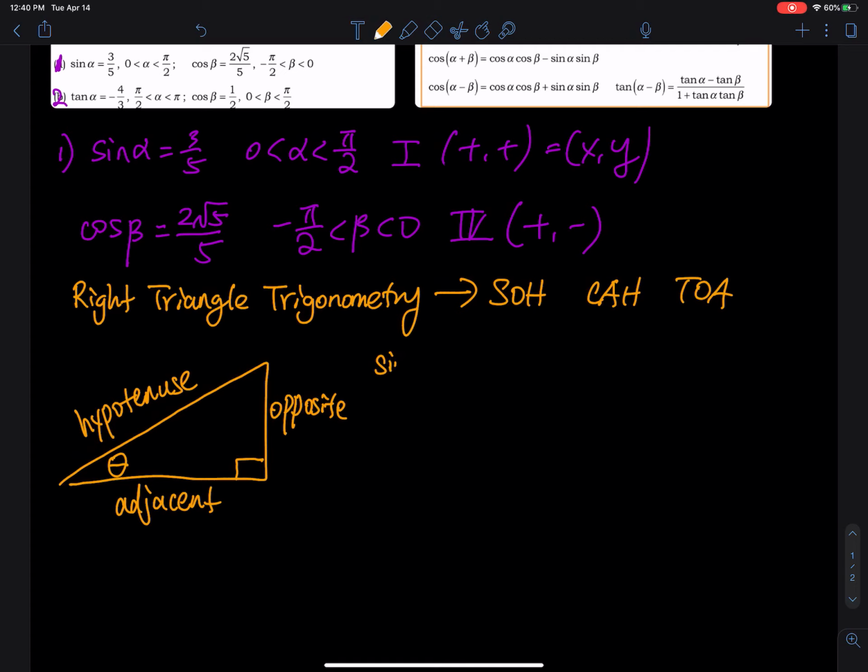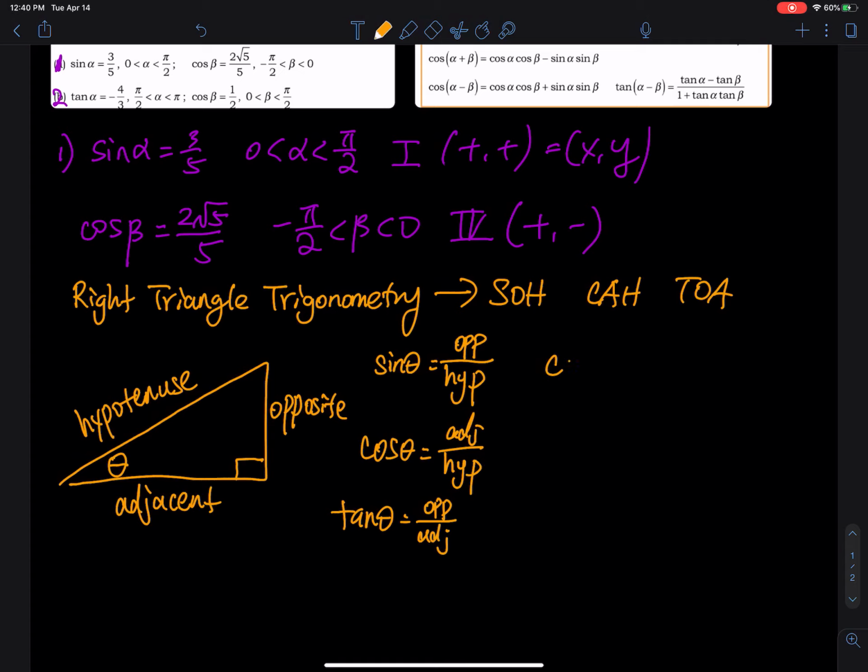So for sine of theta, we have opposite divided by hypotenuse. That's why we call that SOH. And then CAH, that is adjacent divided by hypotenuse, and then tangent, that is opposite divided by adjacent.